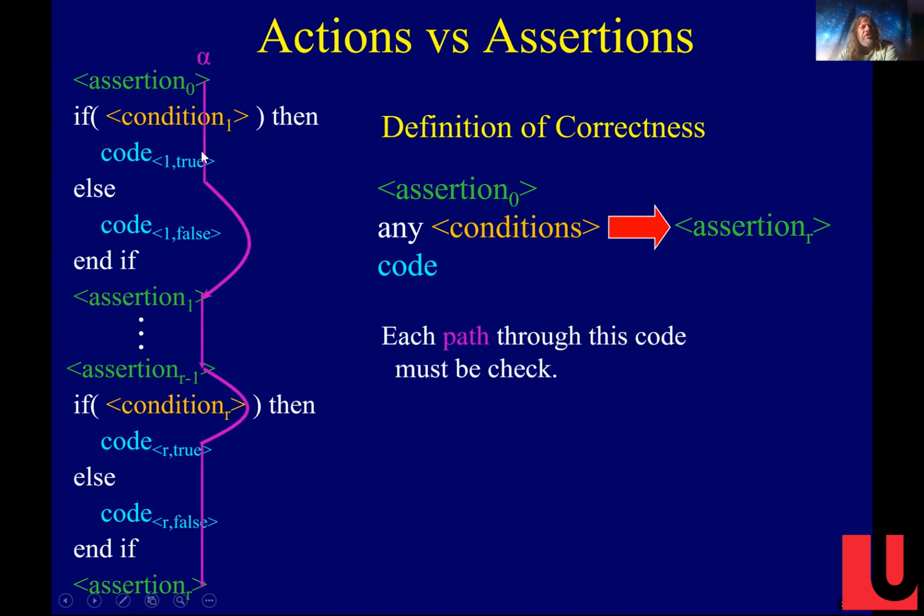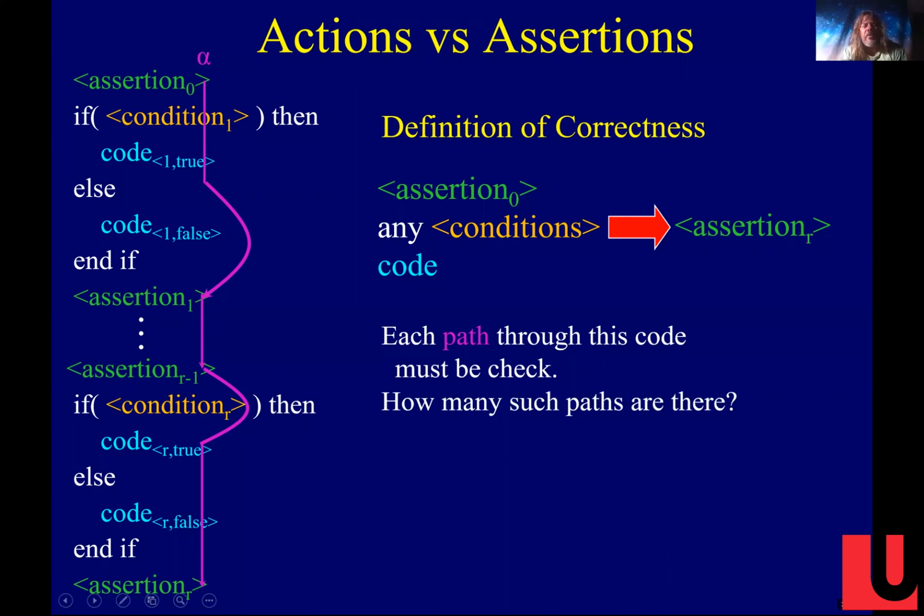Because you have to check every possible path that goes through this code. We're going to have to do it proof by cases. If this was the computation, if this was the computation, if this was the computation. So how many computational paths are there? Well, there are 2 choices for the first if, 2 choices for the second, 2 choices for the third.